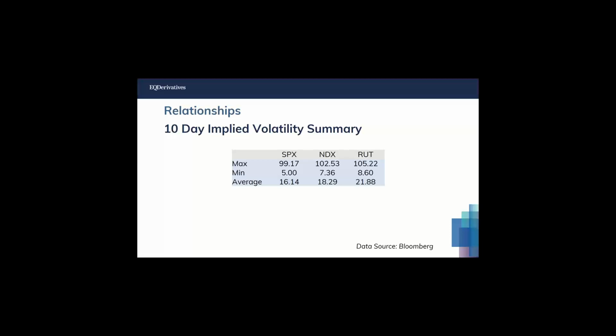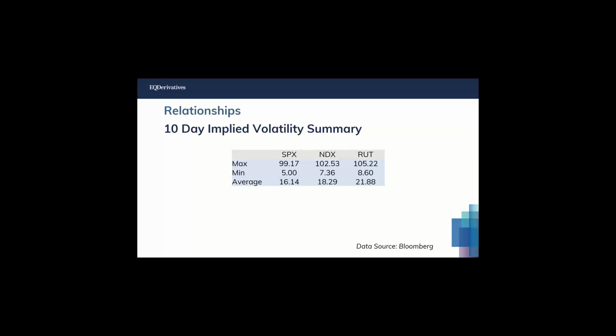What's the highest it's been, the lowest it's been, and what was the average? And this is not the volatility indices. Again, this is 10-day implied volatility. Much wider range. The average is a little bit lower than each of the 30-day volatility indices. But these numbers were kind of what I expected, that SPX would be lower than NDX. And I just know through experience that the Russell 2000, even though it's got more stocks, it's got more small cap stocks that are a lot more volatile.